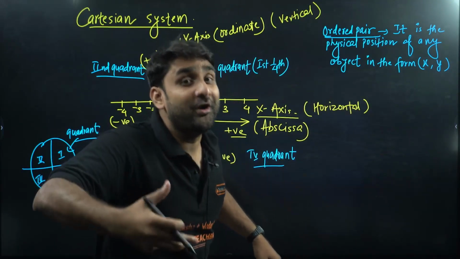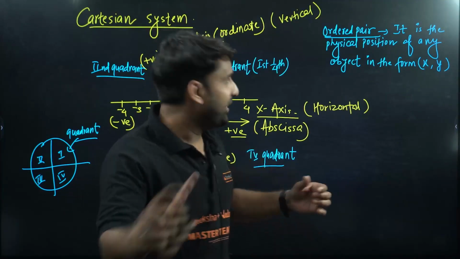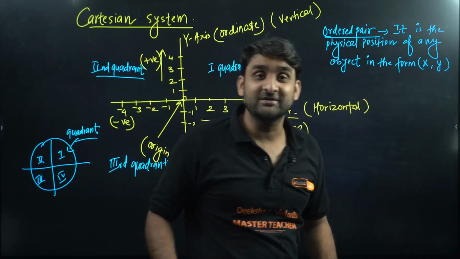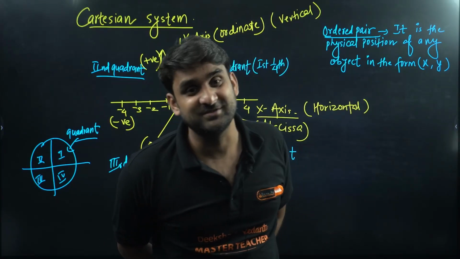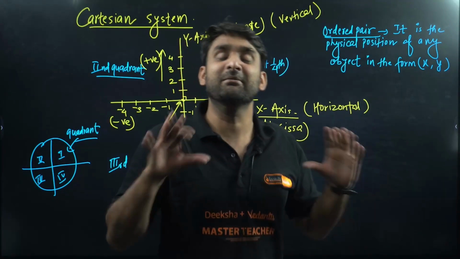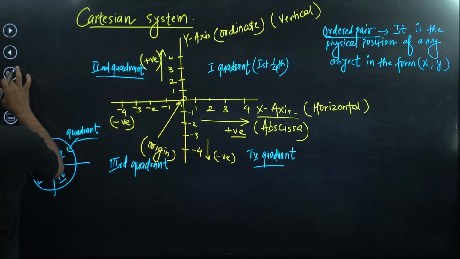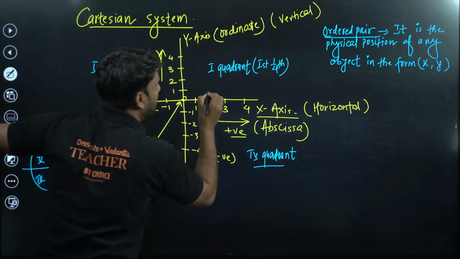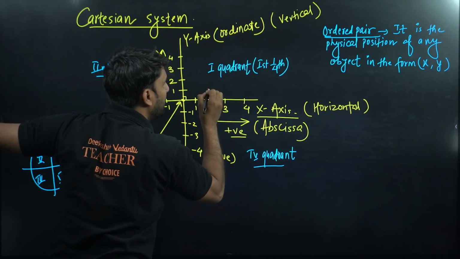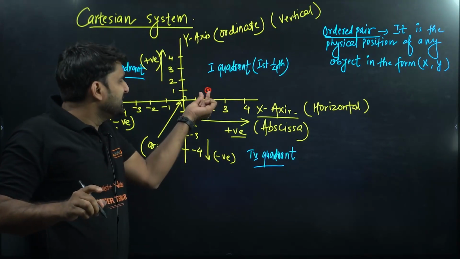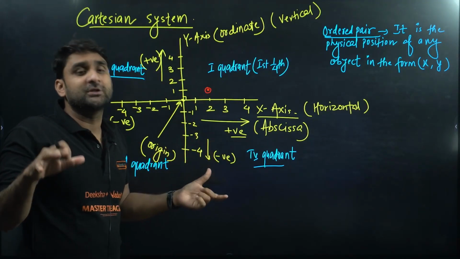What is called an ordered pair? Ordered means the order of the values, and pair means the coordinates always come in a pair. Whether y is 0, x is 0, or x is negative, it doesn't matter. If I mark a point randomly here, a red dot, and let's say this is a boy whose name is Rohit.